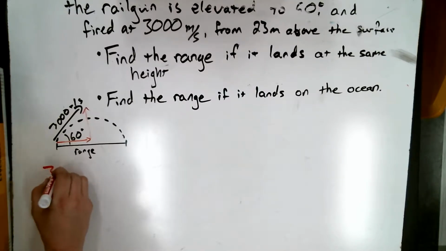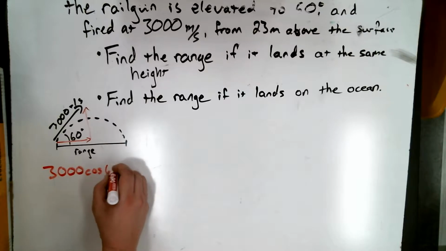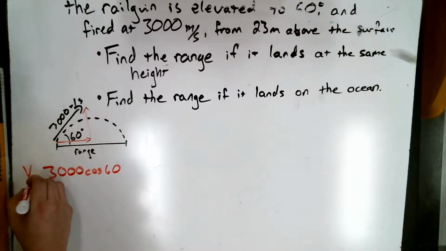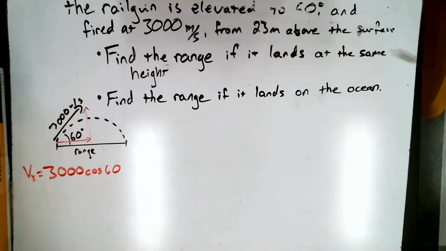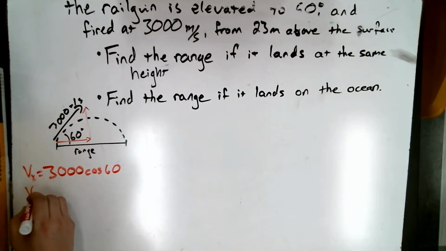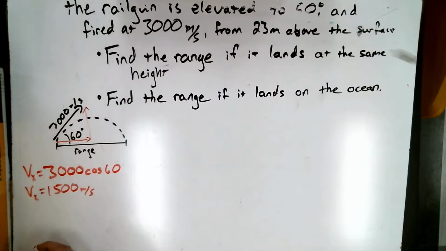So 3,000 cosine of 60 is going to be my velocity in the x direction. So that is 1,500 meters per second.